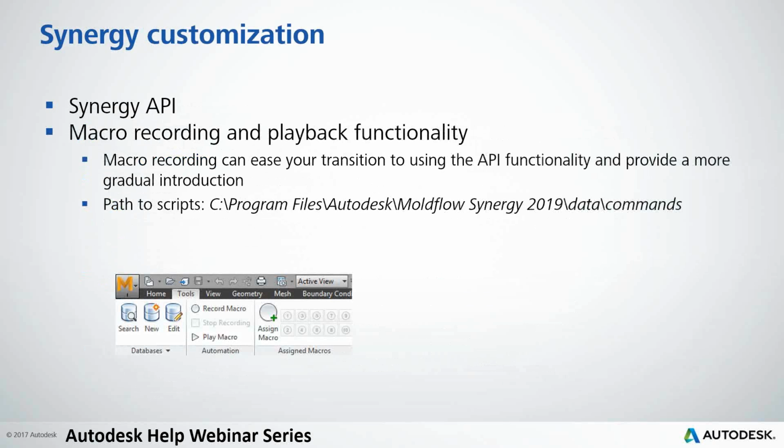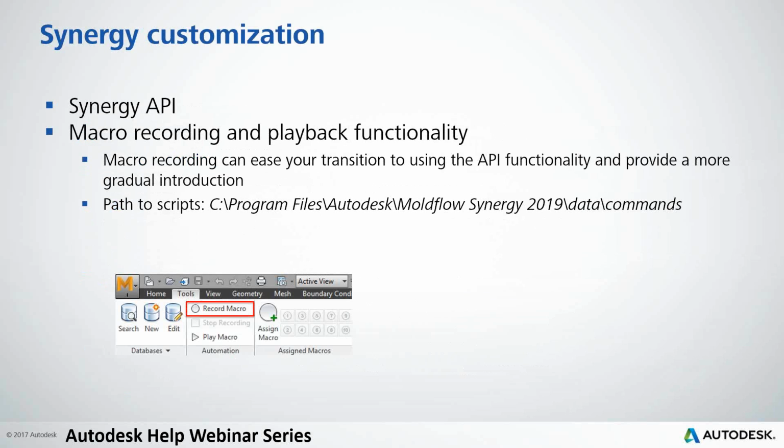Then the macro recording and playback functionality is a very easy tool to use, which allows you to learn new functions inside the API. When we are rotating, zooming, or clicking somewhere, if this function is provided by the API, we are going to catch it in a macro recording.